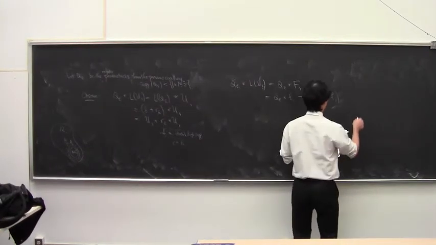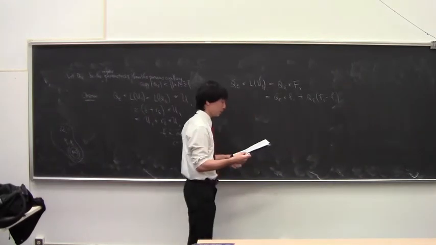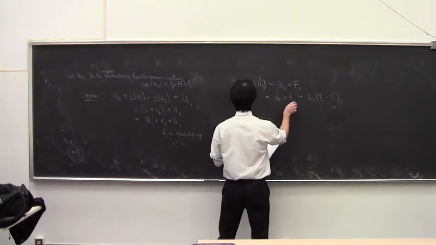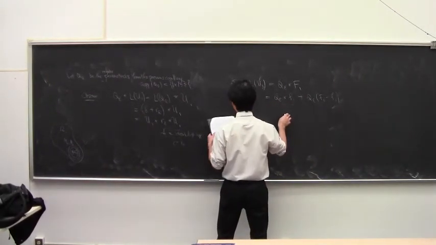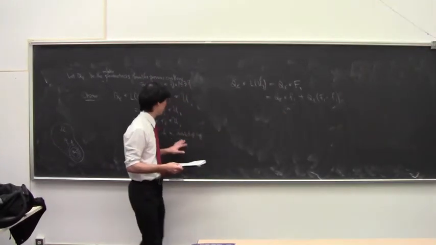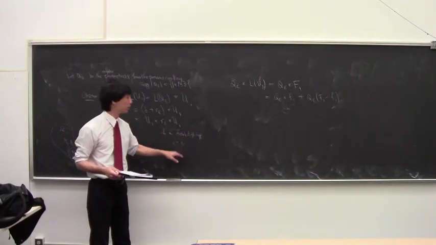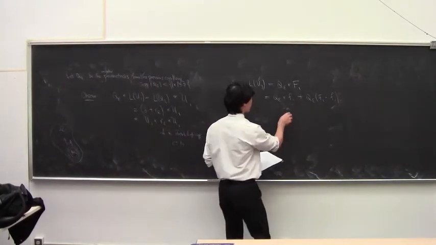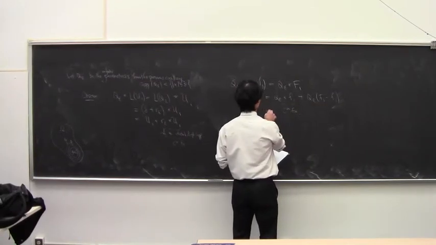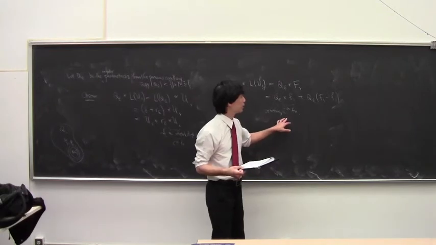Remember that F1 is compactly supported. So again, by the same reasoning, you're taking a Schwartz function convolved against a distribution of compact support, so this is a C infinity function.